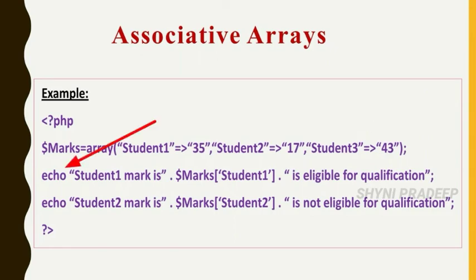So next see echo student 1 mark is, next you have to write the student 1 mark. Student 1 mark is what? 35. So "student 1 mark is 35, eligible for qualification" will be printed on the output screen. And next student 2 mark is what? 17, not eligible for qualification. It will be printed on the output screen.